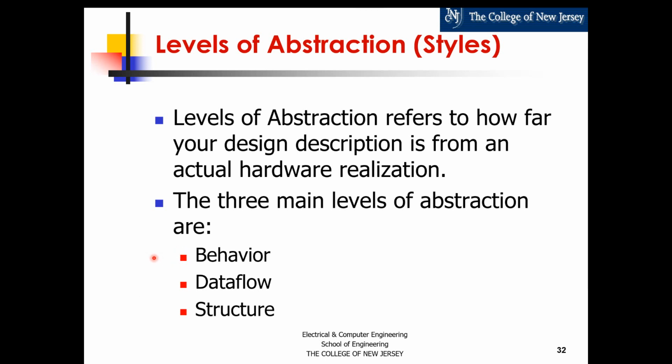Now, in behavior, there's really no restriction in describing behavior, because the language has a very powerful set of syntaxes and constructs. There is something in the middle where you are indicating more than the behavior, but also the data flow, without quite getting into the structure. That's somewhere in the middle here.